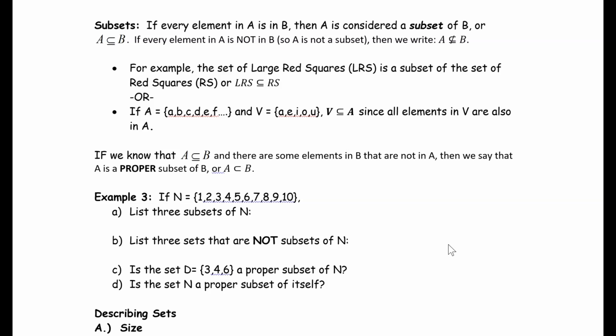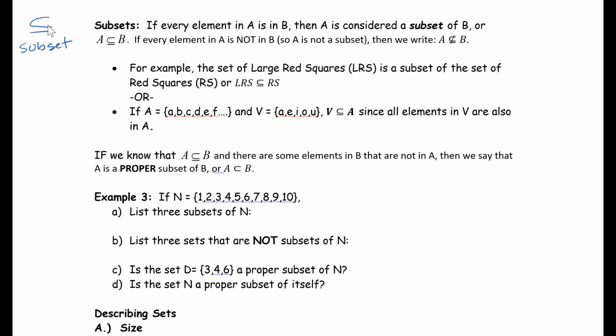The mathematical definition is, for instance, A is a subset of B. This symbol right here stands for subset. I'm going to draw that again to make it look more like a sideways U. There we go.